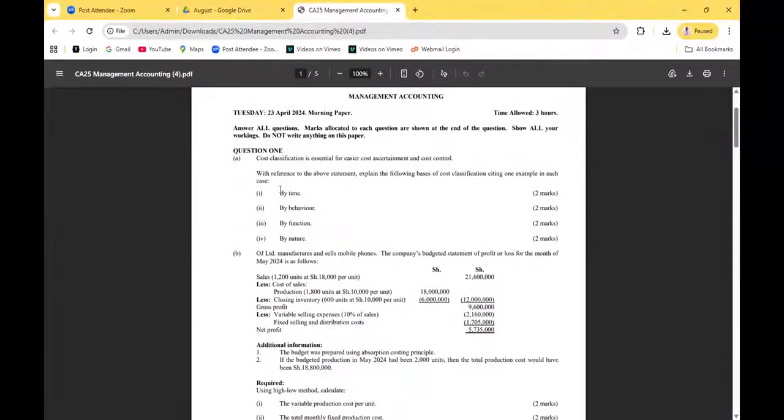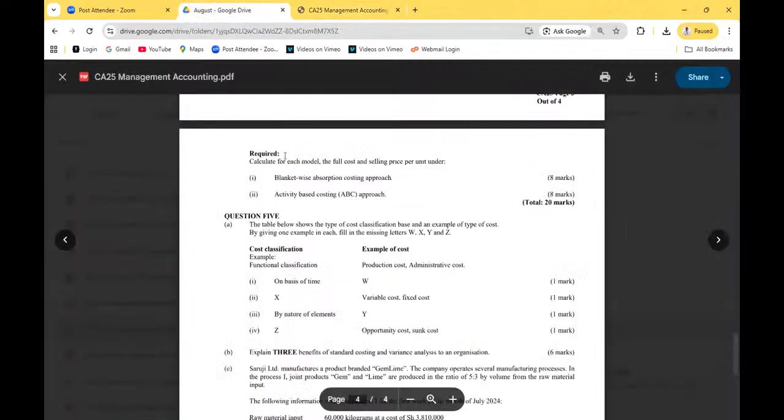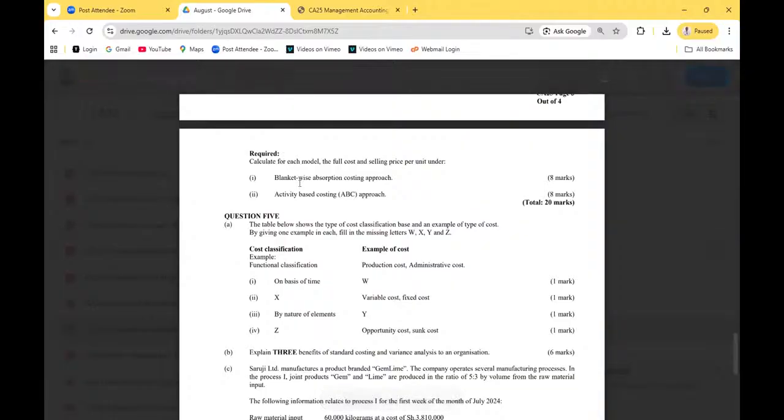You are told to define the cost classification by time and all that, and then you give examples. So in August 2024, the same year, they are now telling you to fill this one here. So look at it. Cost classification and then example of cost.